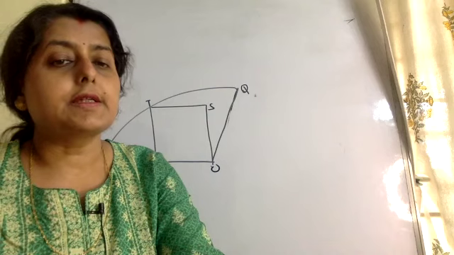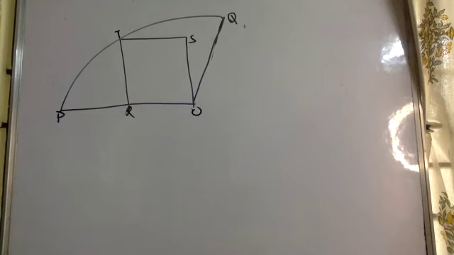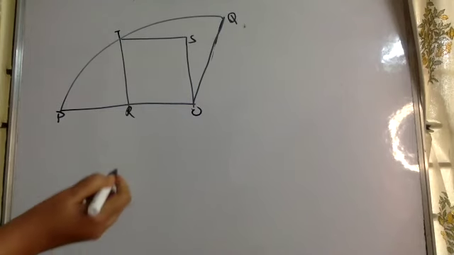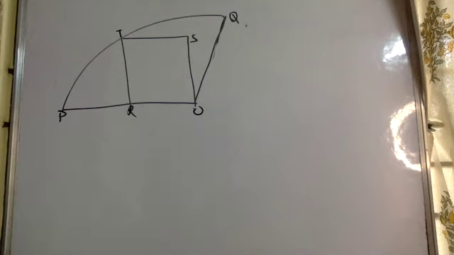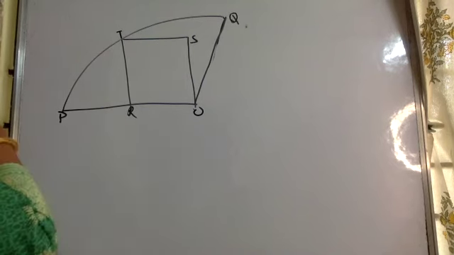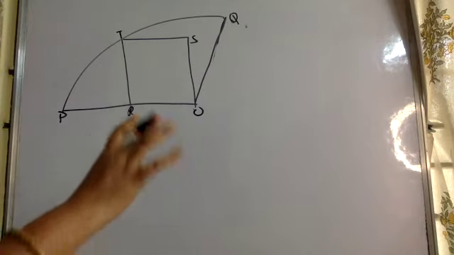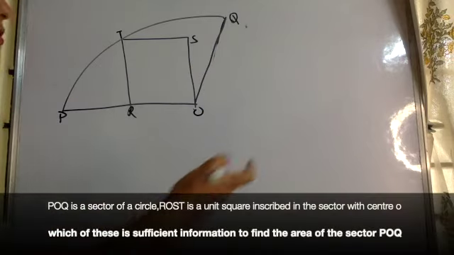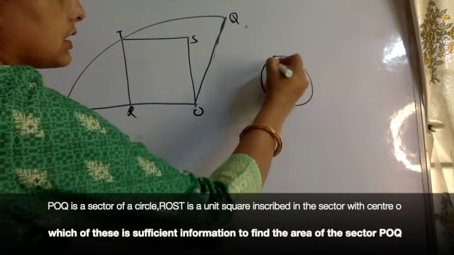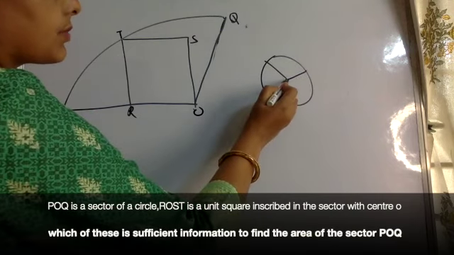Then let's see. Here in this question, what they have given is a sector POQ. That means this is part of a circle. If you have a circle, these are all sectors, starting from the center.